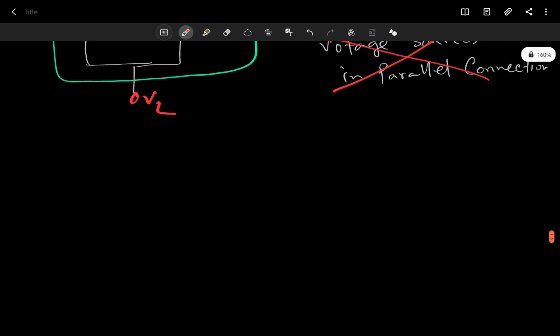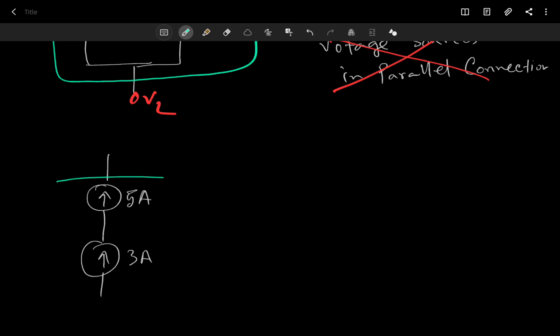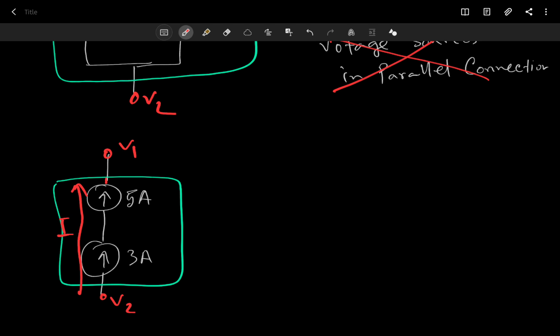Okay, so now what about current sources? Well, let's say you have 2 current sources in series connection, so 5 amperes and 3 amperes. What's the equivalent circuit for this? Well, this is also an illegal move because there is only one current going through this branch, right?